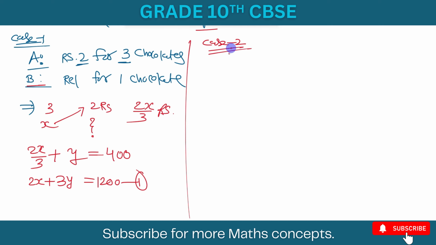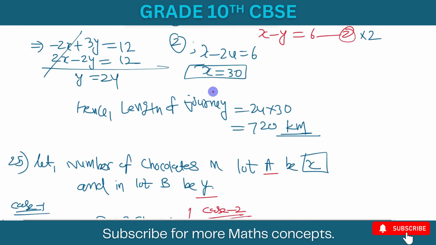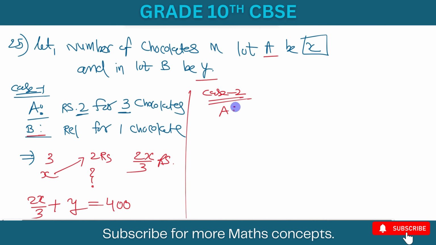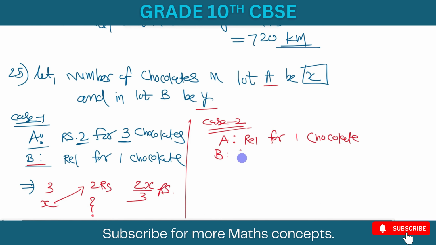Now case number 2, what they're telling: he sold the first lot at rupee 1 per chocolate and the second lot at 4 rupees for 5 chocolates. So now A is rupee 1 for 1 chocolate, and for lot B the scenario is rupees 4 for 5 chocolates.